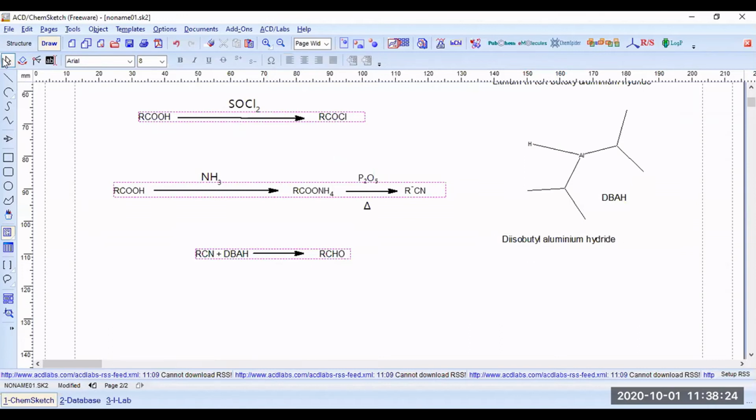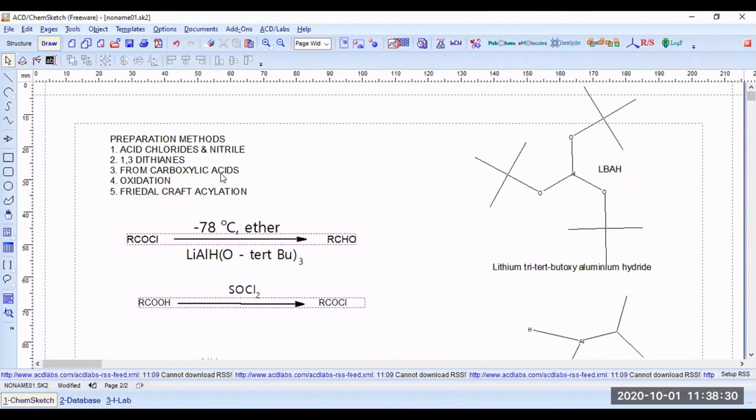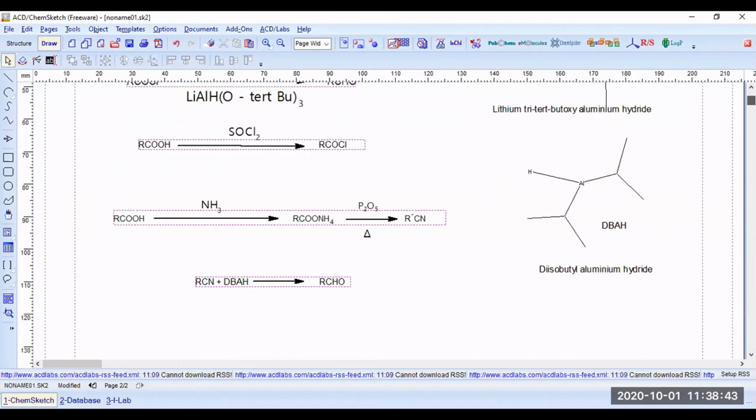And now this is one of the preparation methods. That is the first one. What we have discussed is the first one only, acid chlorides and alkyl nitriles. If you are treating this, how are you getting the aldehyde from acid chloride and nitrile? This is the method.